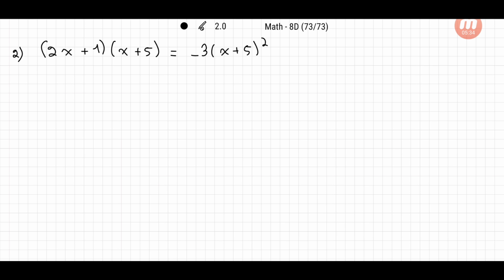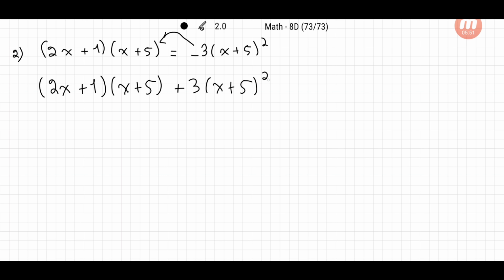Now number 2, solve. As number 1, I make an equation equal to 0. So I take minus 3(x plus 5) squared, it becomes plus 3(x plus 5) squared equal to 0. Now I factorize. X plus 5 is a common factor.